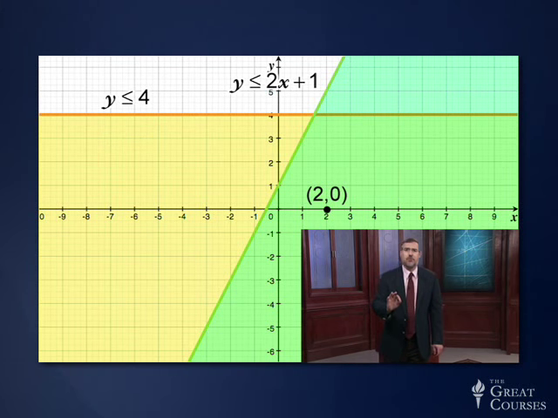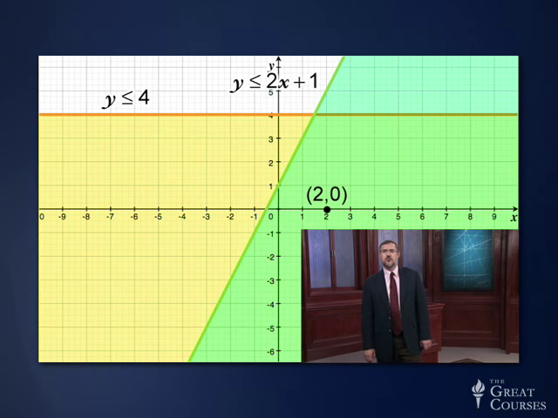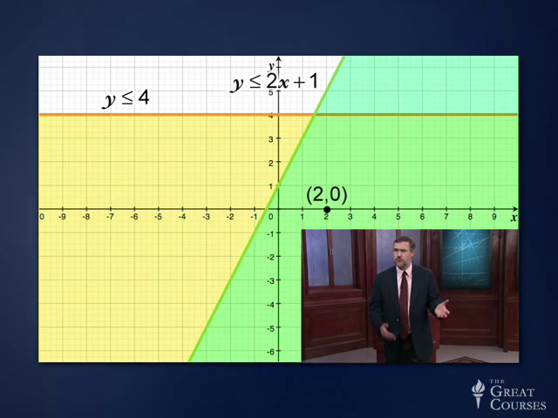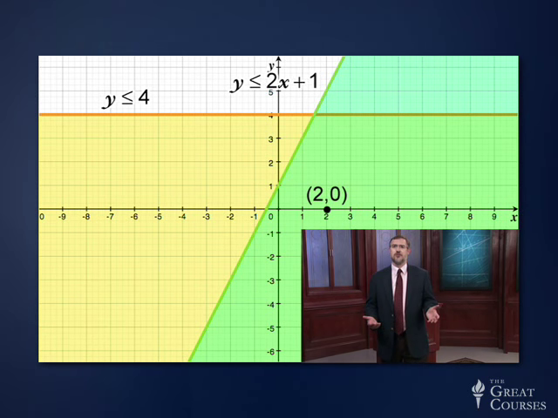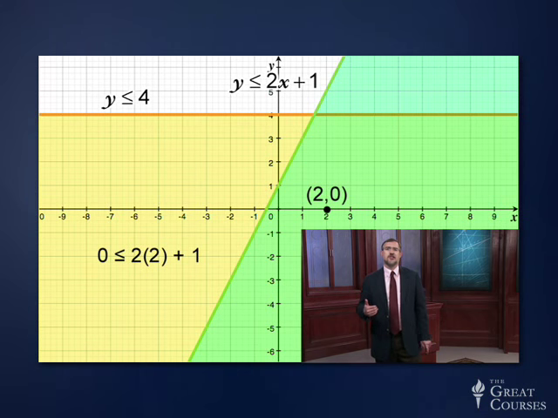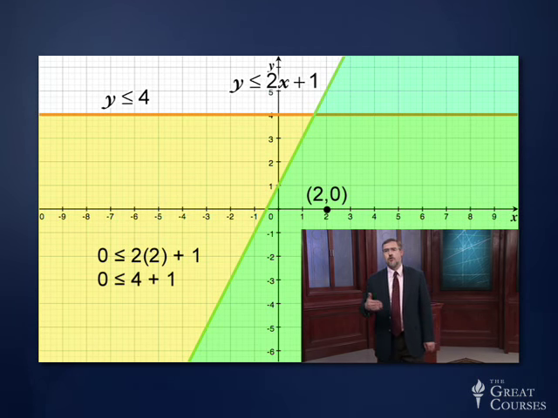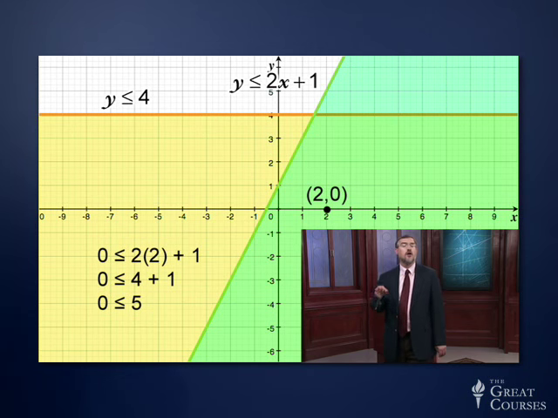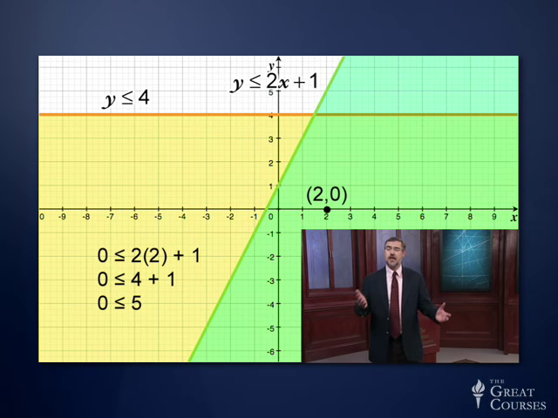Now let's try the same point in the other inequality. y is less than or equal to 2x plus 1. If you let y be 0 and the x value be 2, because I'm looking at the point (2, 0), then I have 0 is less than or equal to 2 times 2 plus 1, or 4 plus 1, which is the same as 5. And you have to ask yourself, is 0 less than or equal to 5? The answer is yes.